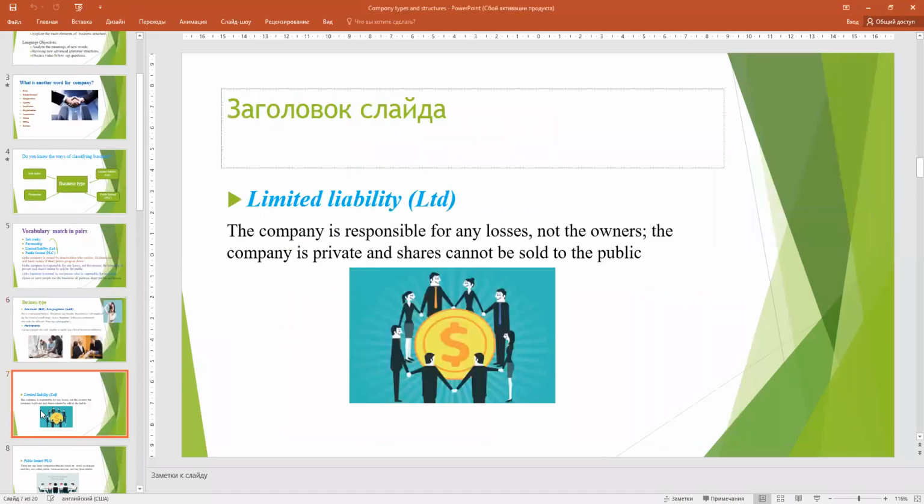And then you can see limited liability. With limited liability, the company is responsible for any losses, not the owners. The company is private, and the shares cannot be sold to the public. This is the definition of the above-mentioned concepts.